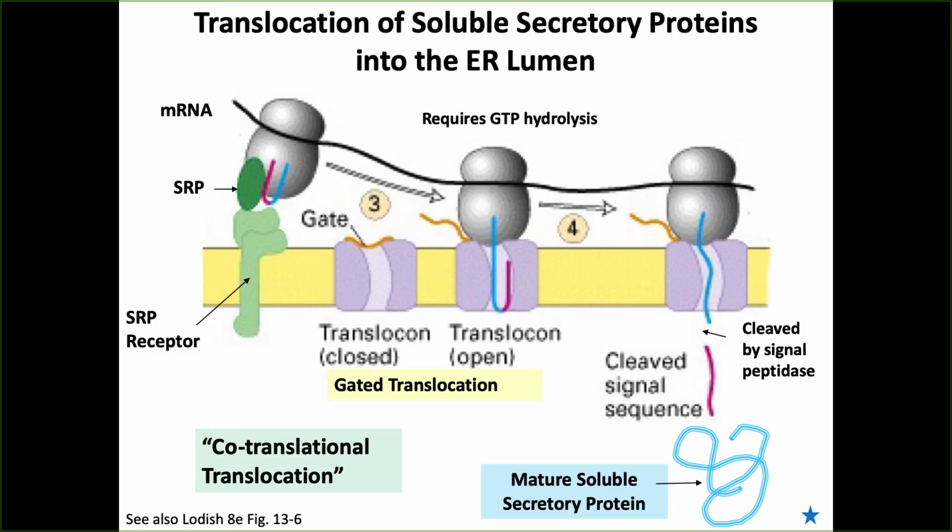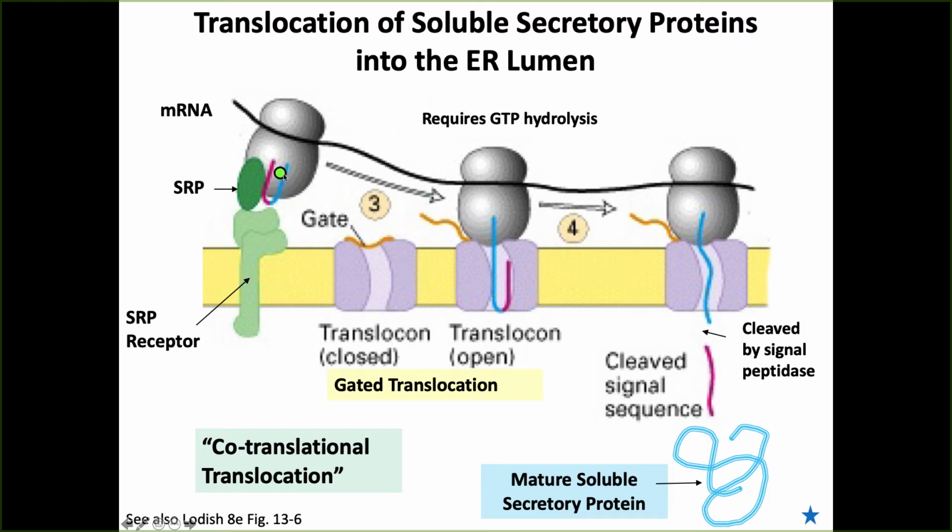So here we are looking at the next process. Okay, all right, SRP brought that material, now what? Once the SRP binds to the SRP receptor, this protein, which is bound to the SRP, is now moved onto another protein known as a translocon, and it is gated.